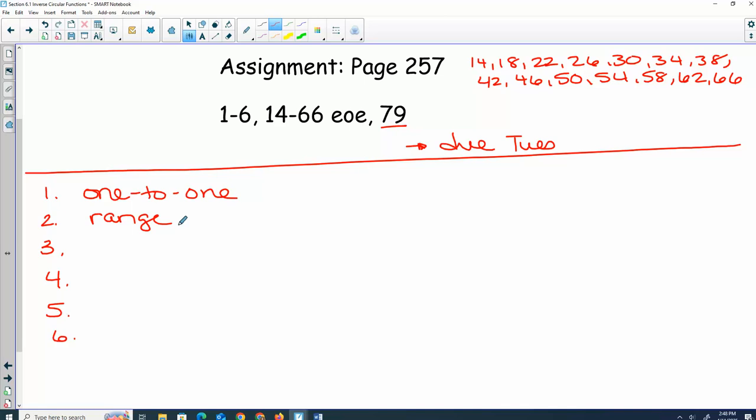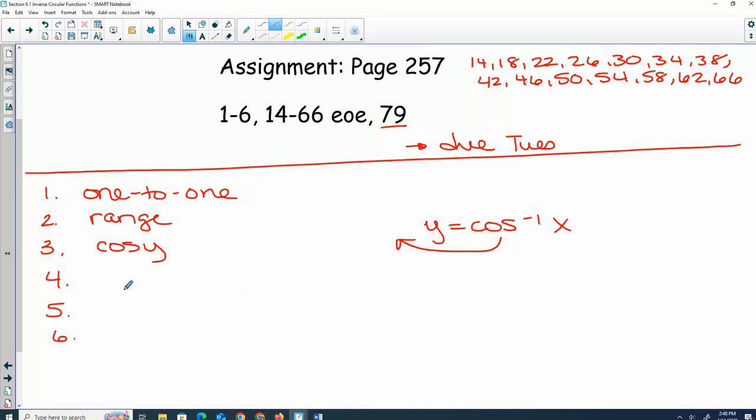Number 3, y equals cosine inverse of x means x is equal to cosine y. If you want to write it without the inverse, you just move. So if it's y equals cosine inverse of x, to move that cosine to the other side, you drop the inverse. So cosine y is equal to x.